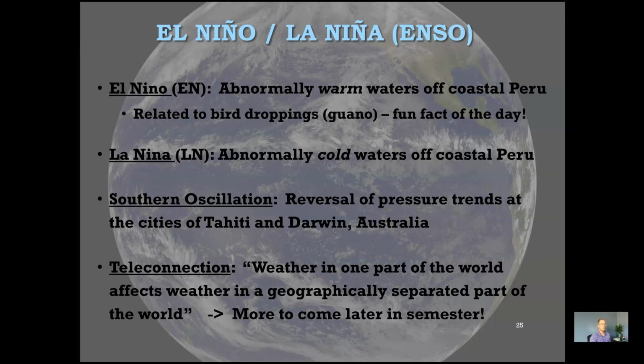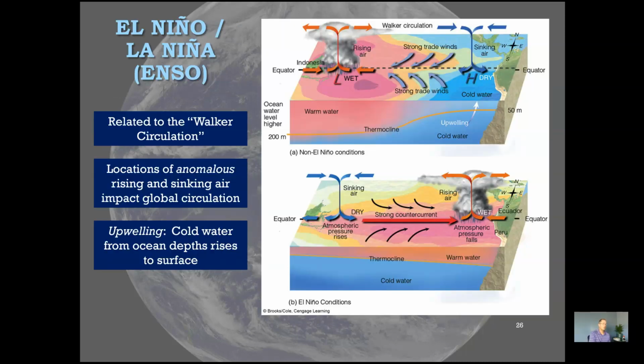And so these are important because we can predict El Ninos and La Ninas relatively well, and the signal is long-lasting and can help us to make some of our longer-term predictions for above and below normal relative to long-term climate. And so there's a lot going on this slide, so I do encourage you, if need be, to pause and look at things, and we will reinvestigate El Nino and La Nina on occasion.